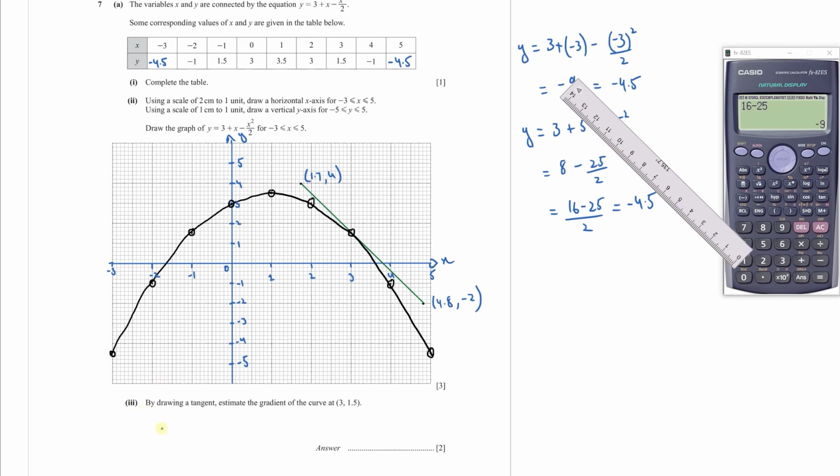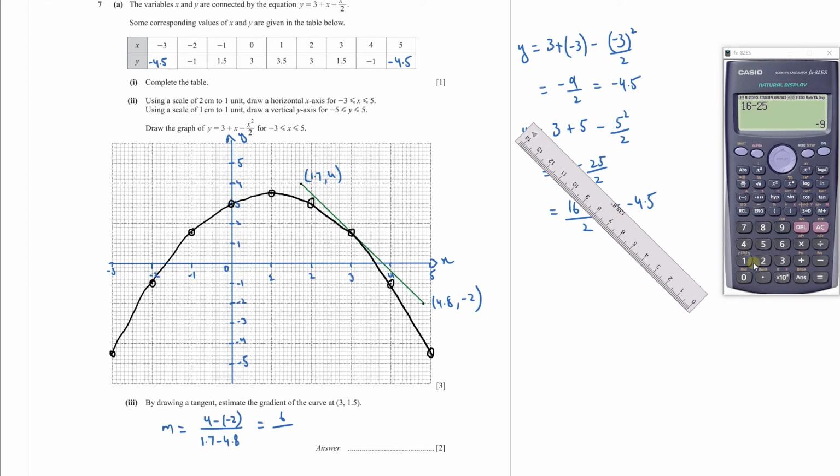So to calculate the gradient m, it will be y2 minus y1. So you can do 4 minus -2 divided by x2 minus x1, which is 1.7 minus 4.8. So this will be 6 divided by, let's calculate, 1.7 minus 4.8.